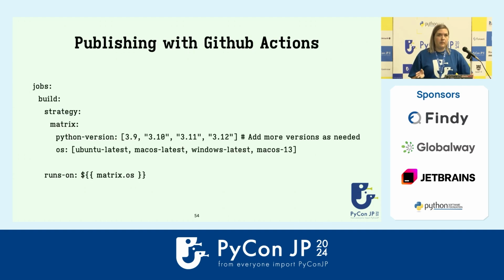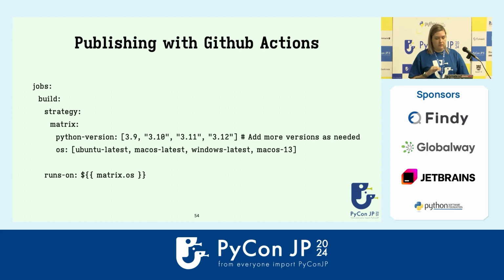So I've been using GitHub Actions to test against all the different architectures, but that's also what I ended up using for publishing this on PyPI. So I've got a CI workflow and publish workflow. I added the versions I needed from Python, so again, 3.9 and above. All of the different operating systems that I wanted to build against.